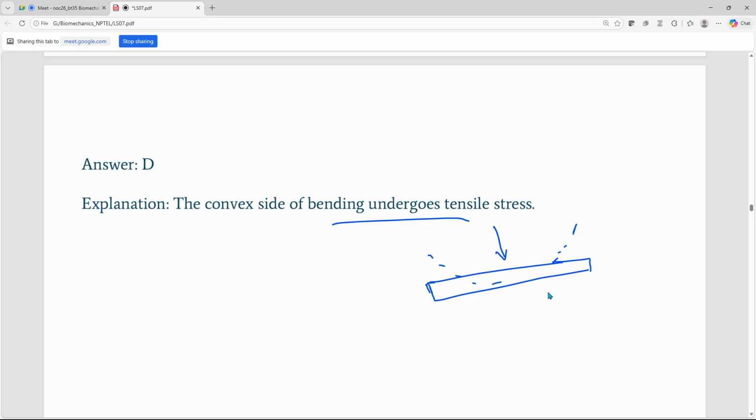So the outer surface has to stretch more and the inner surface has to contract. Where the tendency to contract is there, compressive stress will drive that tendency, and the tendency to expand will be driven by tensile stresses. So convex sides will be experiencing tensile stress.